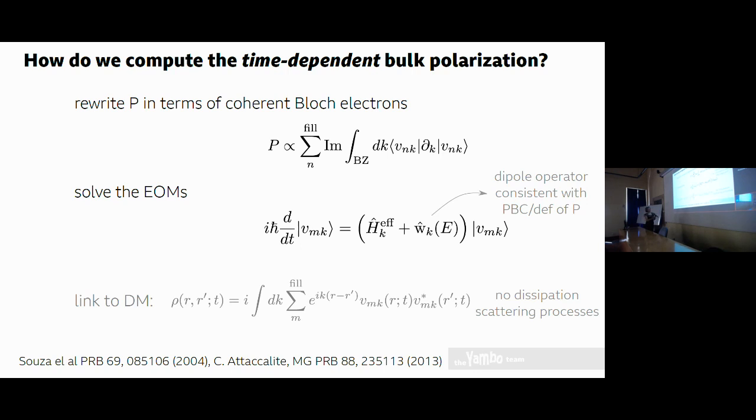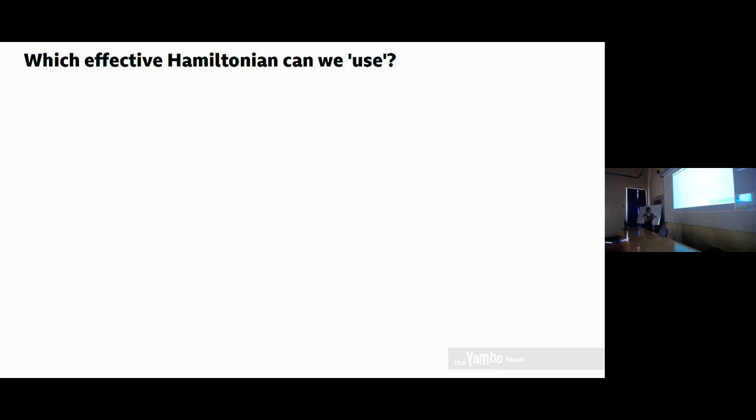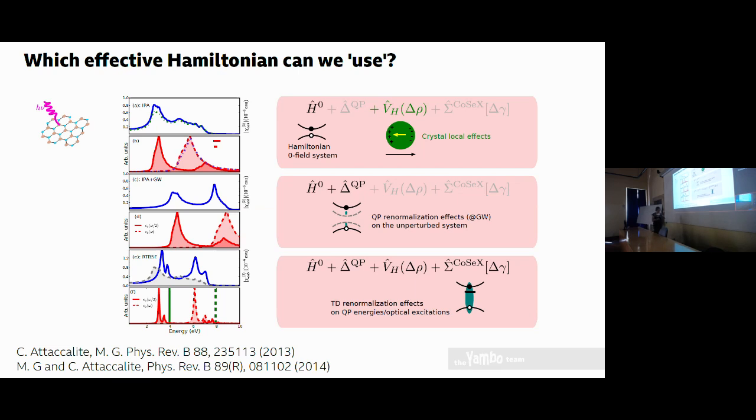Next comes the effective Hamiltonian. Here I exemplify what we have seen very much in the previous days. We can use different levels of approximation, and this is one of the nice things about this method: we can change the level of approximation by changing this effective Hamiltonian.